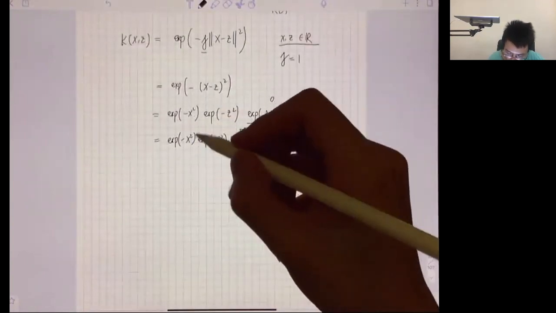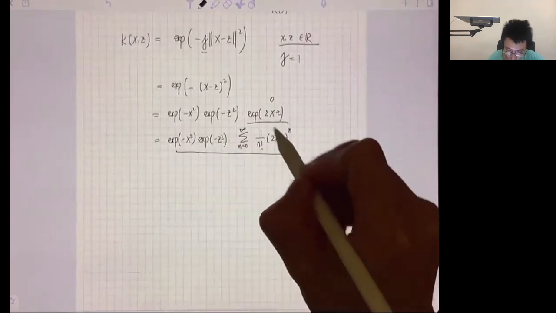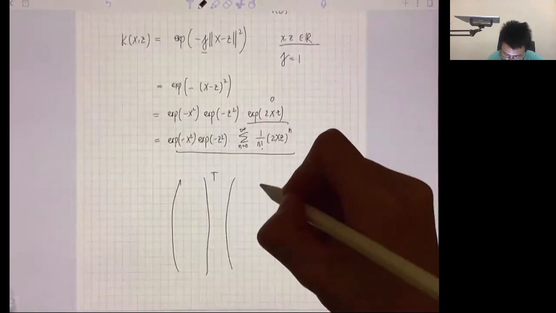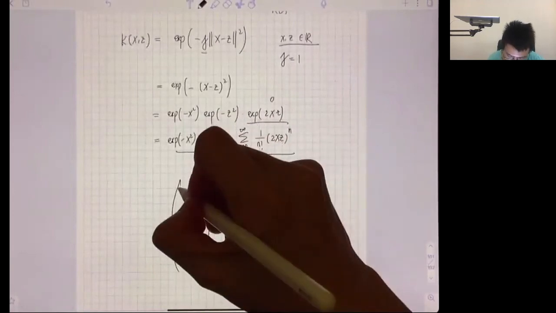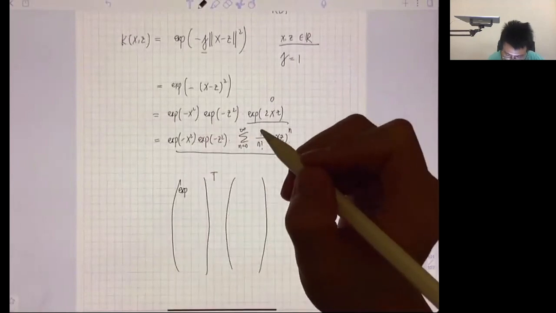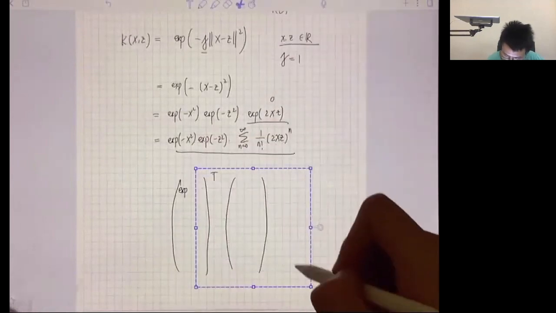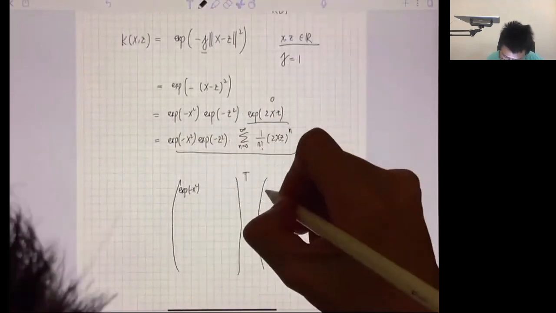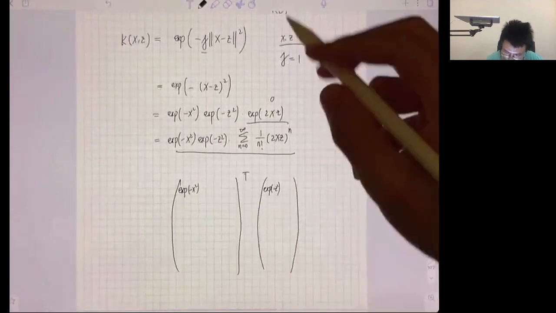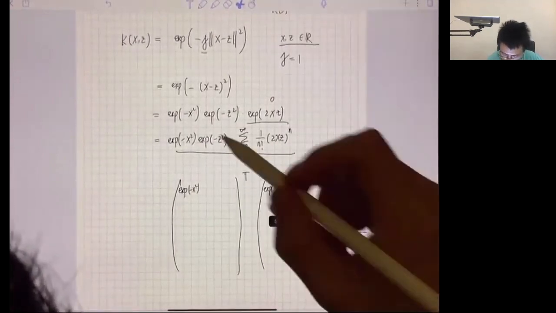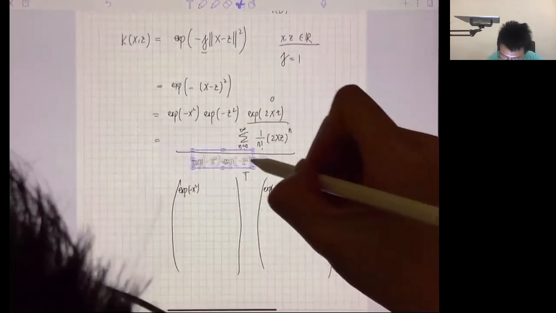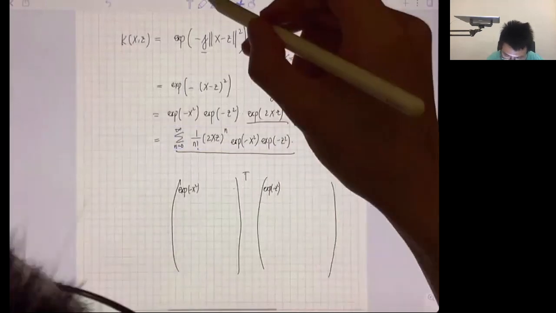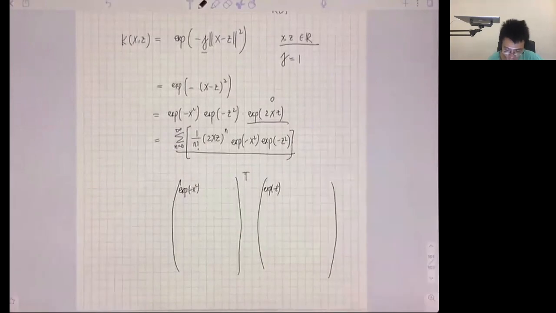Now we almost succeeded in writing the inner product as a function of x transposed times a function of z, right? So I can write the exponential of minus x squared, the exponential of minus z squared. This applies to every term in the summation.